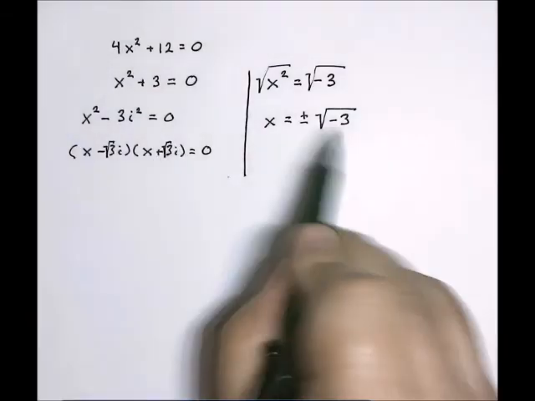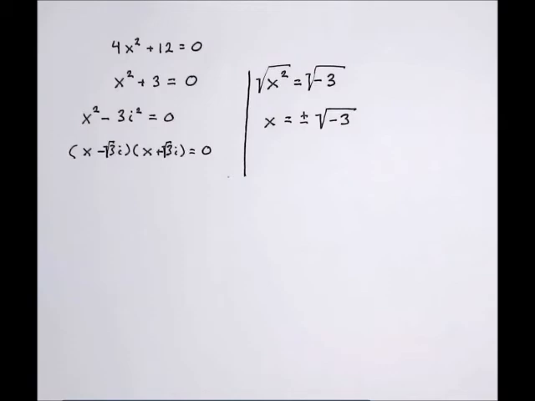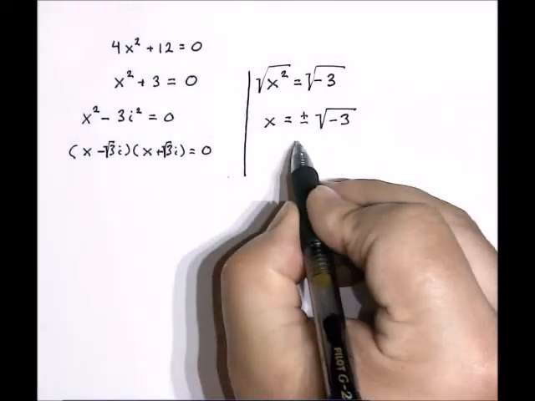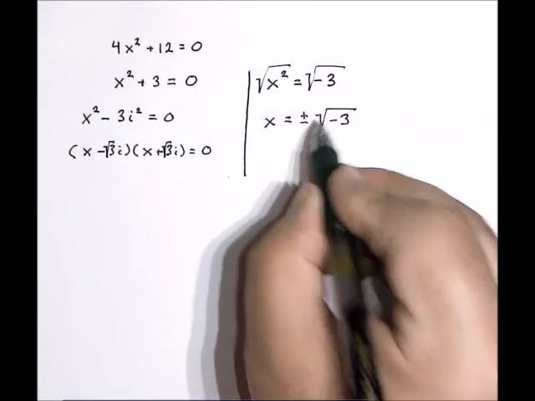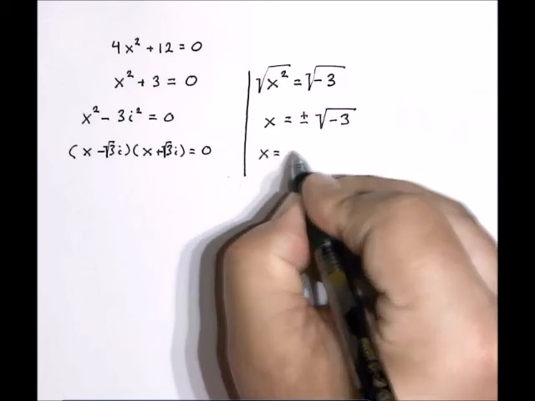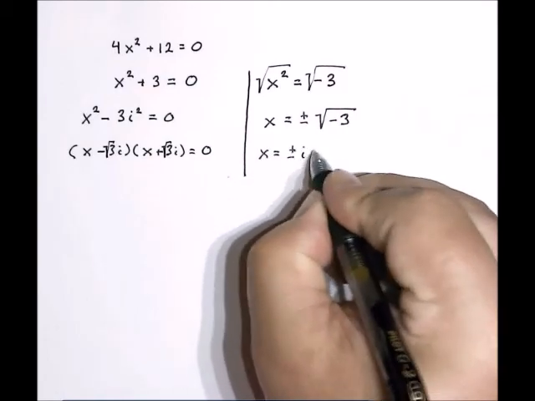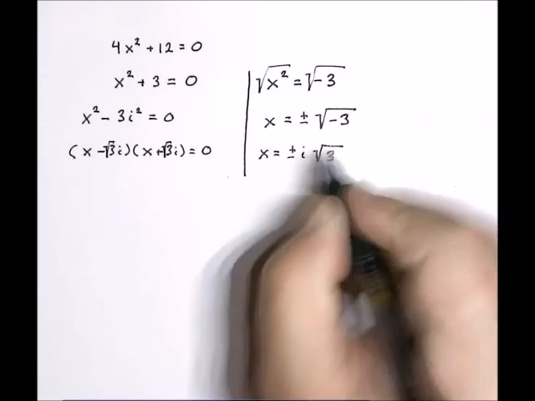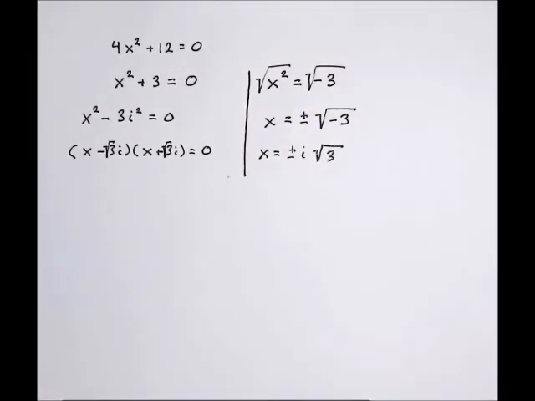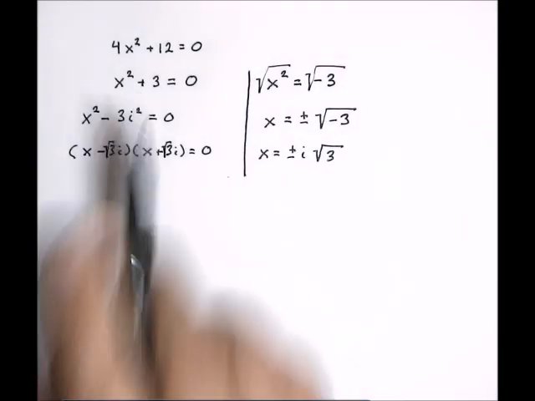I have a positive part and a negative part. And all I have to do now is bring that negative out as an I. So we get exactly the same answer either way. And again, if you hate both of these methods, just plug this straight into the quadratic formula and you'll get the right answer.